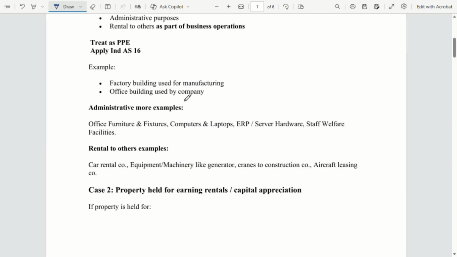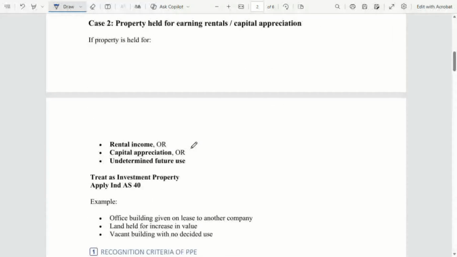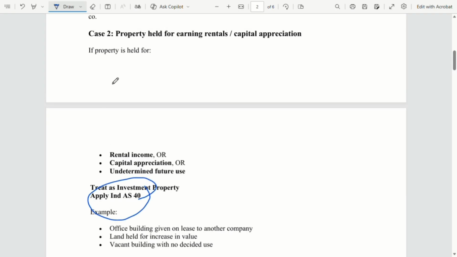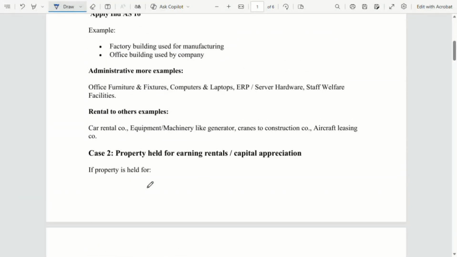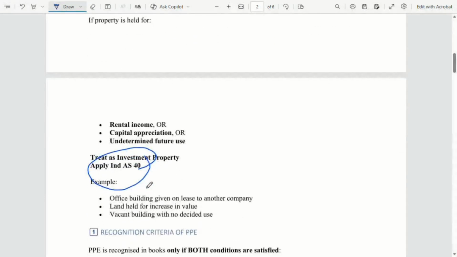Otherwise we are going to consider it as an investment property as per Ind AS 40. So if we have held property for rental income, capital appreciation, or if there is any undetermined future use, in all those cases we are going to classify building or land in Ind AS 40.